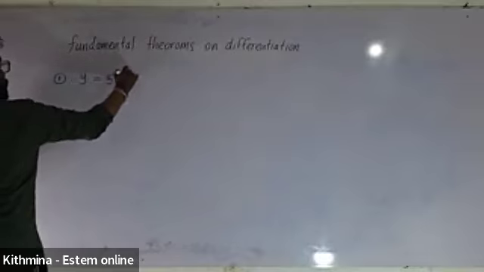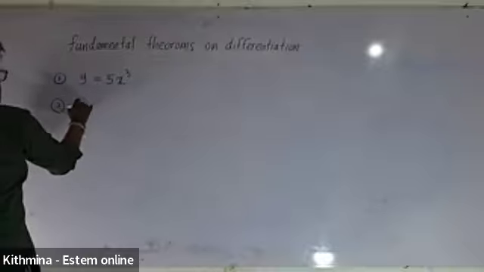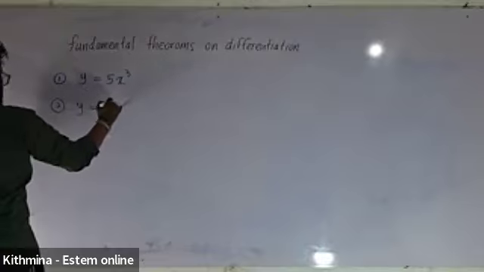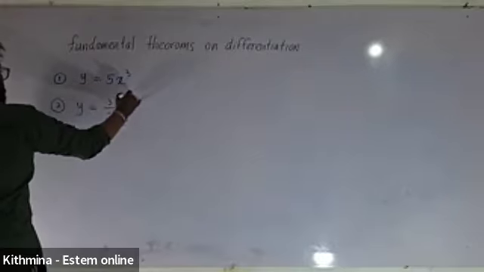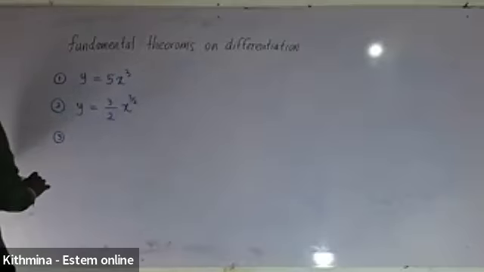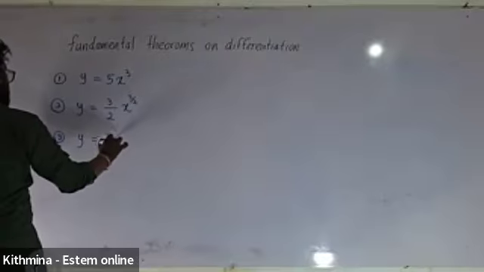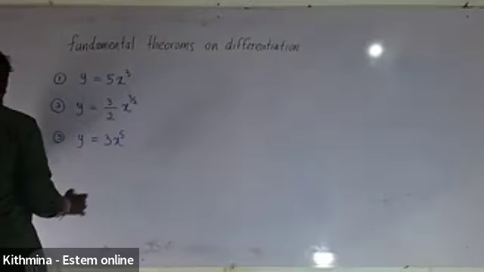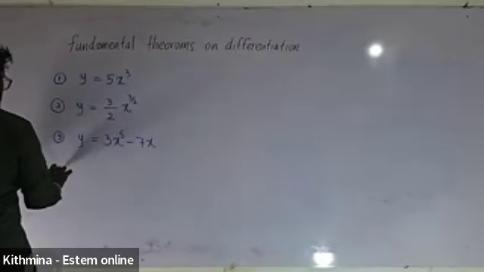Y equals 5x cubed. X to the power 3 over 2. Then y equals 3 into x to the power 5 minus 7x to the power 4.